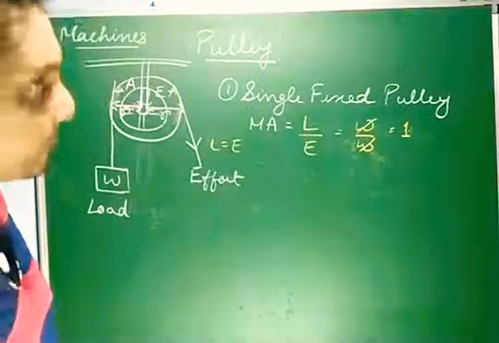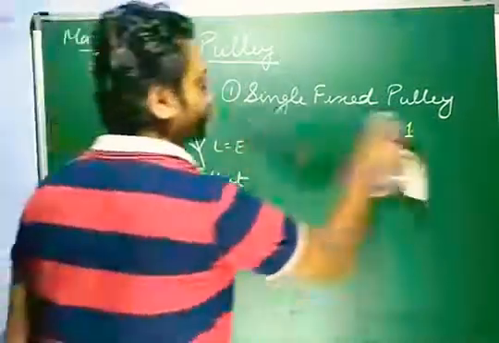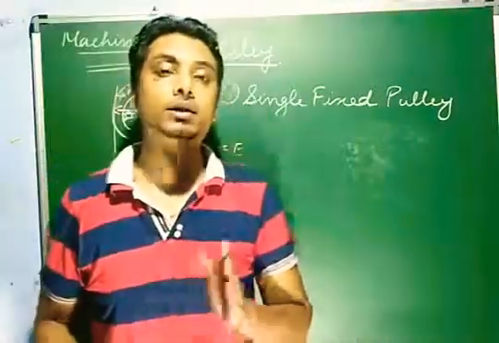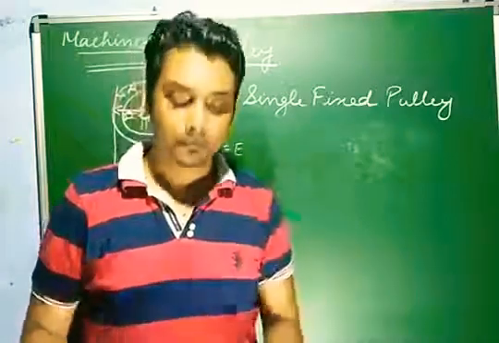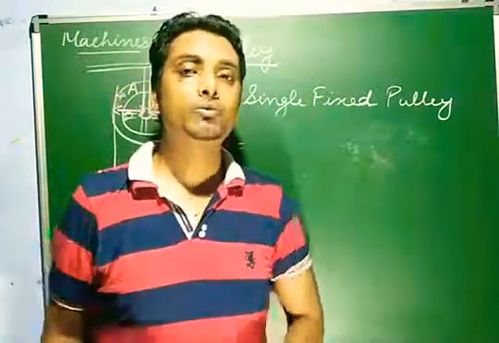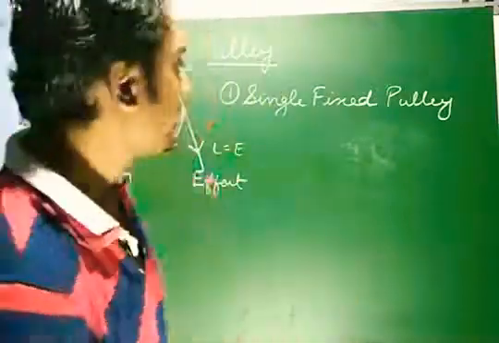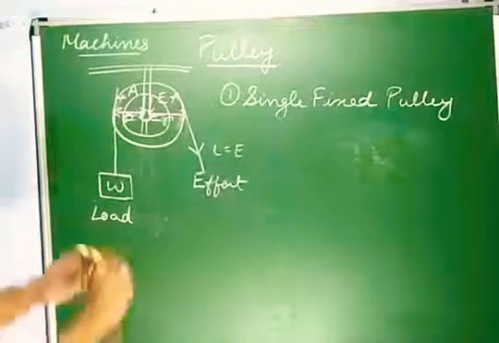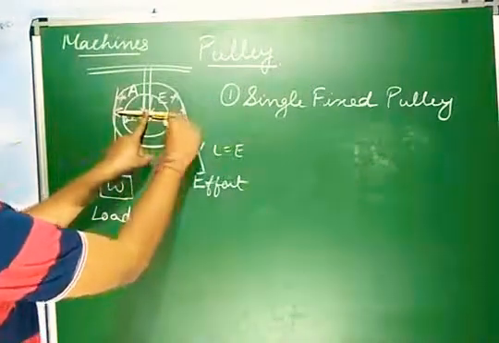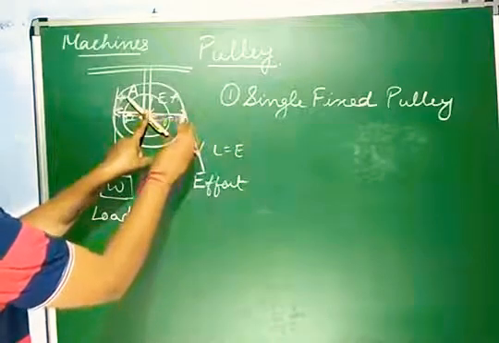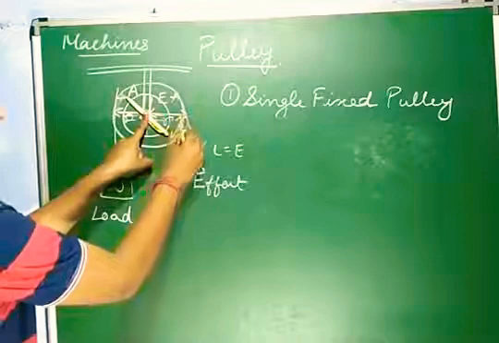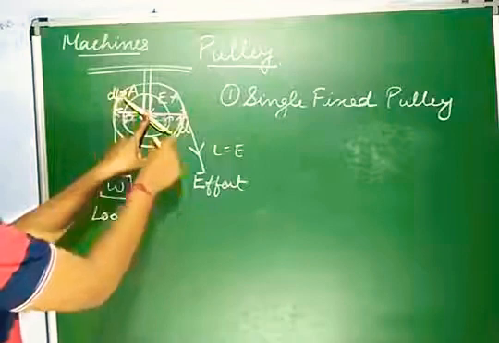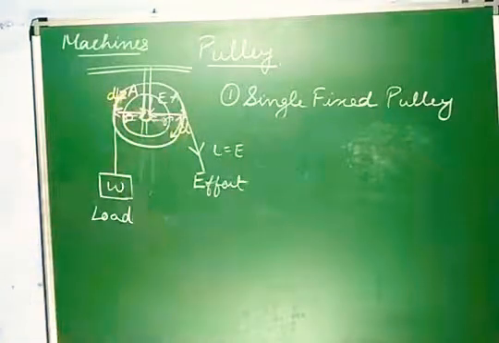Now let's talk about the velocity ratio. What is velocity ratio? Velocity ratio is the distance moved by the effort arm divided by the distance moved by the load arm. If this end is fixed and we move it down like this, suppose the distance is D, then this distance will also be D. The same distance it is moving on each side.